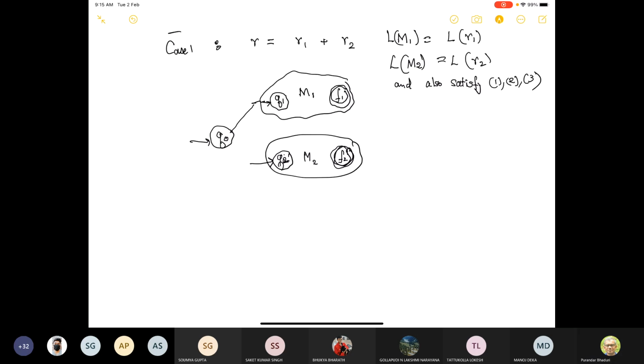And added these transitions. And we would indeed get an epsilon NFA that accepts LR1 union LR2. But why is this not sufficient?